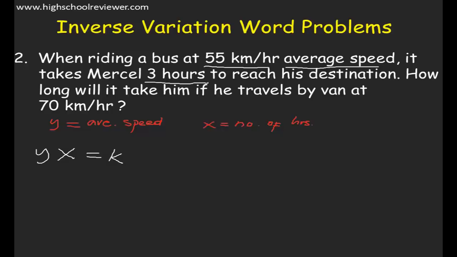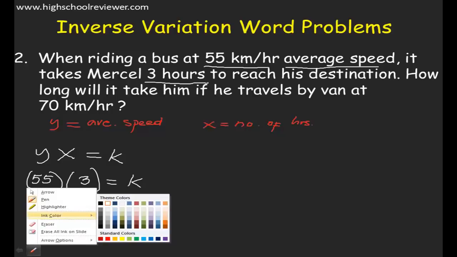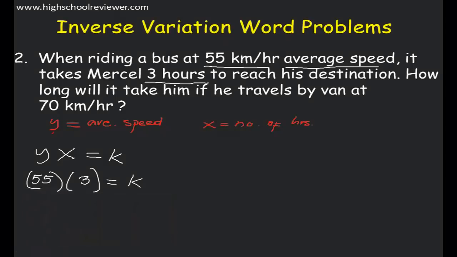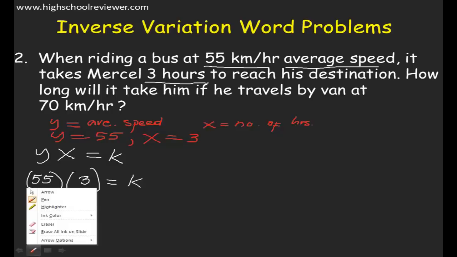So the value for Y now will be the first average speed, and that is 55. Multiply this by X, or the number of hours, and that is 3 hours, equals K. Okay, so that you won't get lost, we will put here Y is equal to 55 when X is equal to 3. Okay, so let us continue.